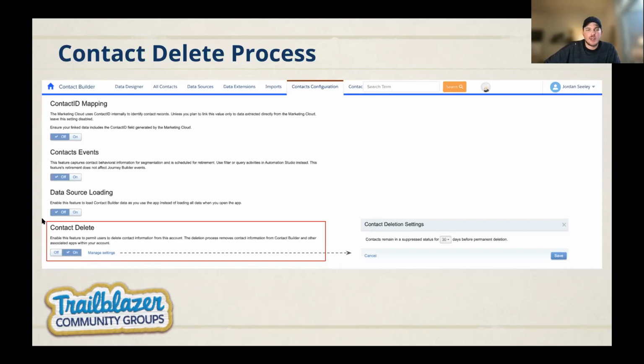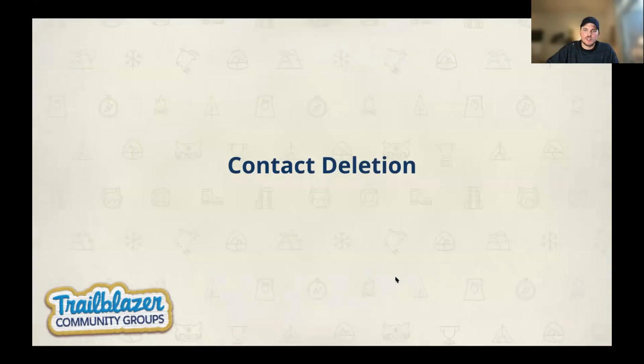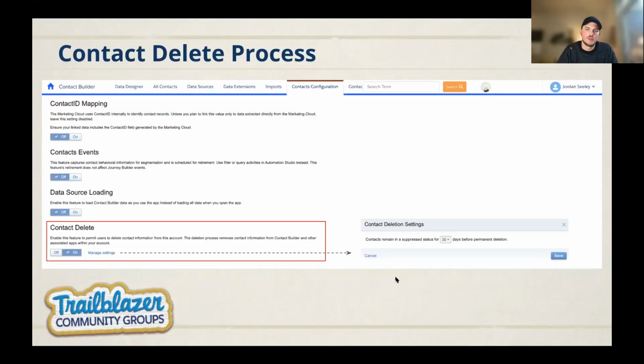I will mention that this needs to be done in the parent business unit, just to make sure that this is enabled, and contact delete requests should originate from the parent business unit as well. So just a kind of logistic call out there. The manage settings link that you'll see here will open up a pop-up or a modal where it allows you to set what we will refer to as a suppression period.